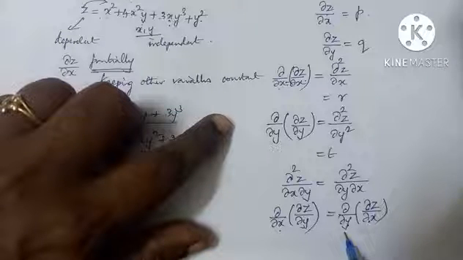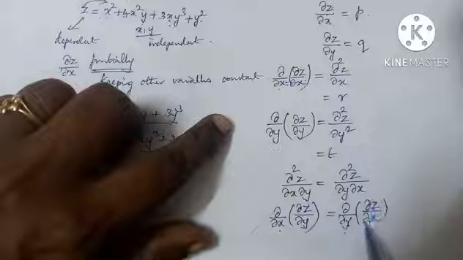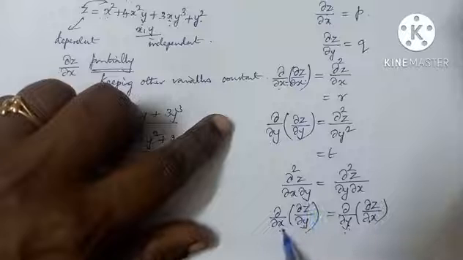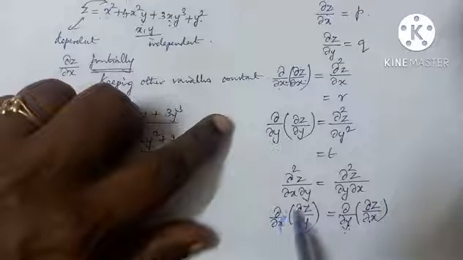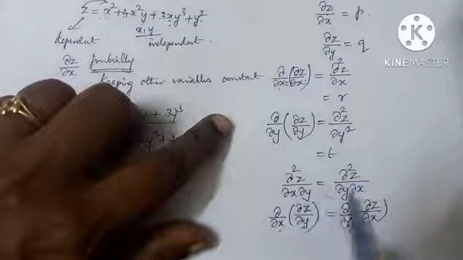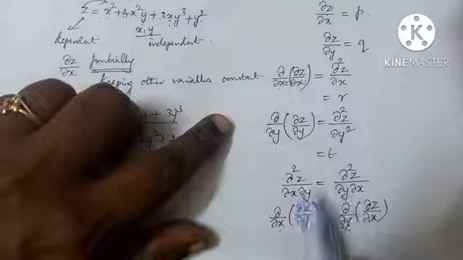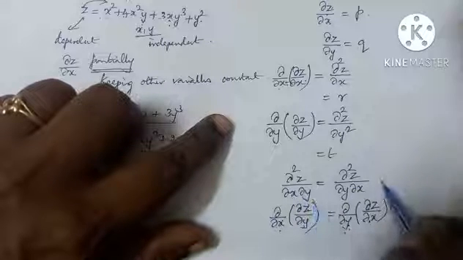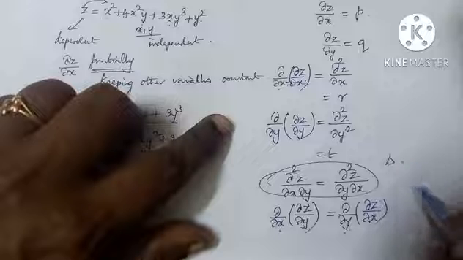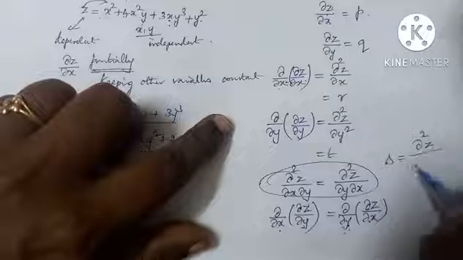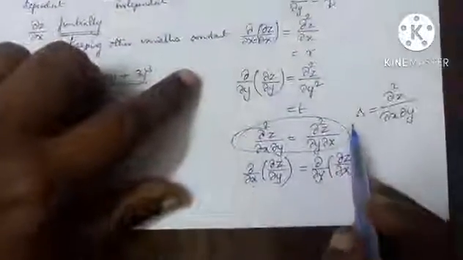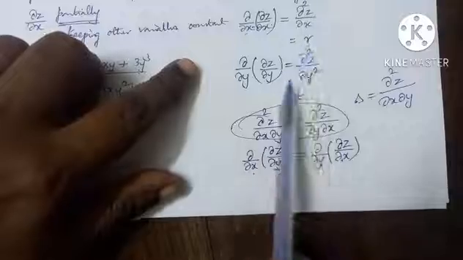Since z is a function of x and y, the derivatives are also functions of x and y, so it can be differentiated with respect to y or with respect to x, and the answers will be equal. We call it s. You can use the notation s equal to either dou square z by dou x dou y or dou square z by dou y dou x. I hope you have understood the notations p, q, r, s, t.